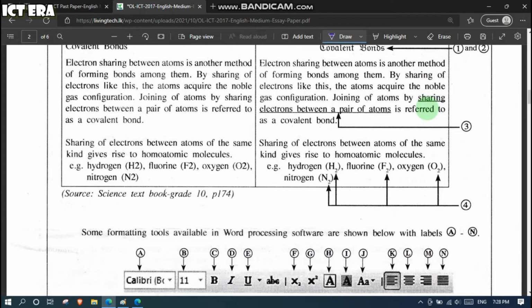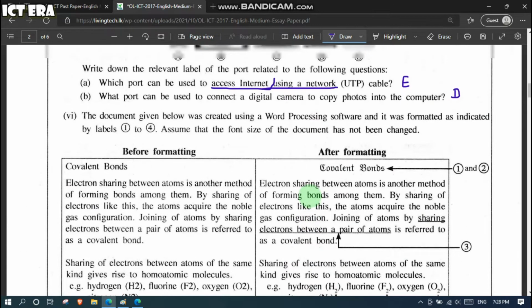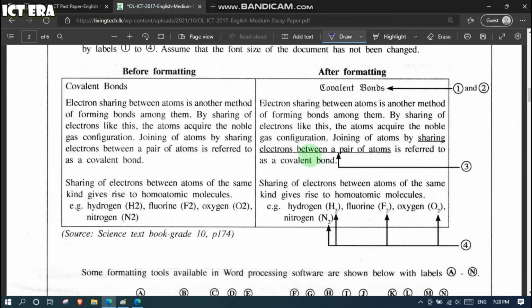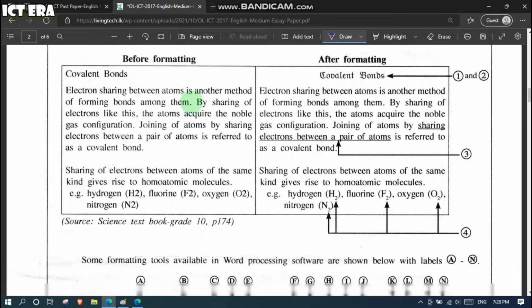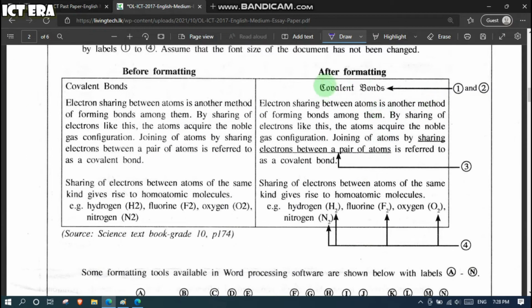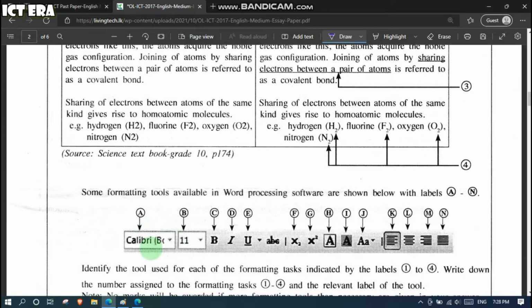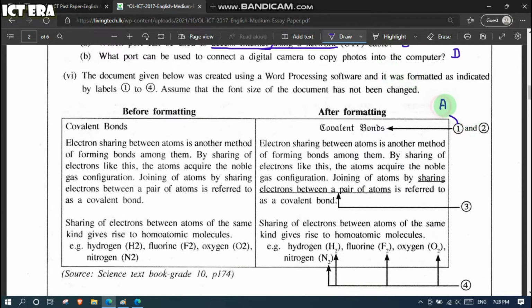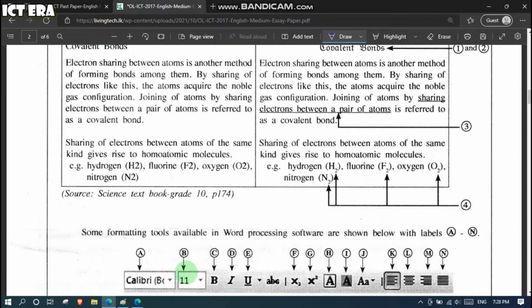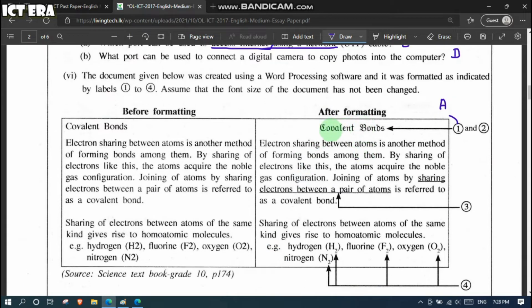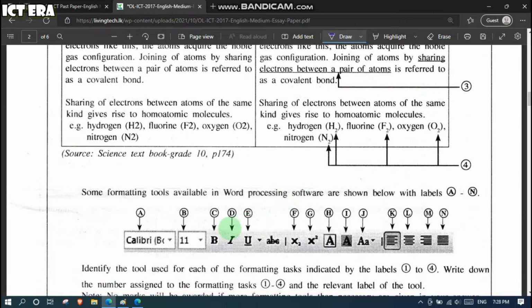The font face is changed, and also it is center aligned after formatting. So for first one I can write the font face A, and for second one, as it is center aligned after formatting, I can write L.